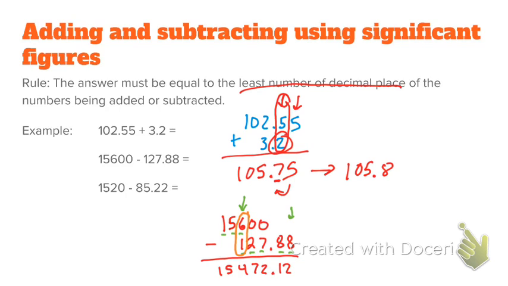Therefore, I'm going to round to here. My new number is going to be 1, 5, and then this 4, I'm going to round up because the next number is a 7. And then I have to replace these two as placeholders. So it'll be 15500. Okay? Feel free to try the next one, and then I'll show you the answer.